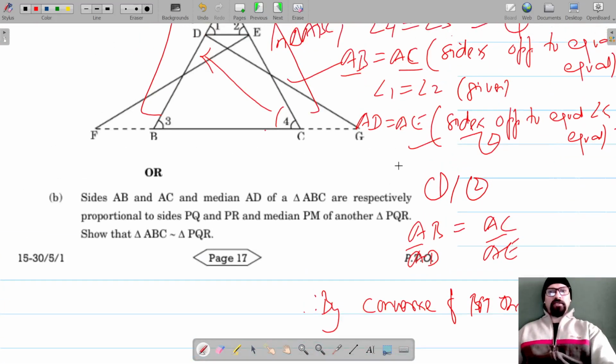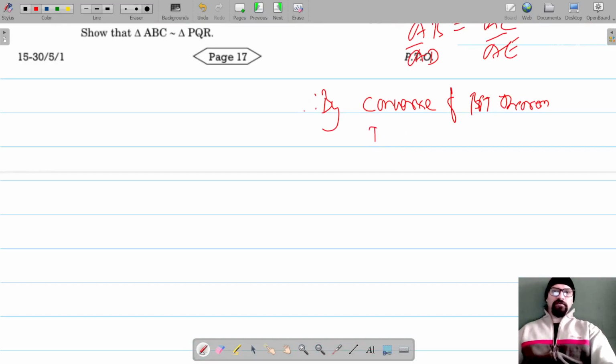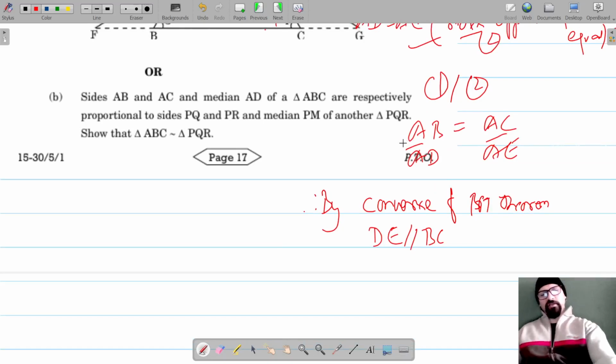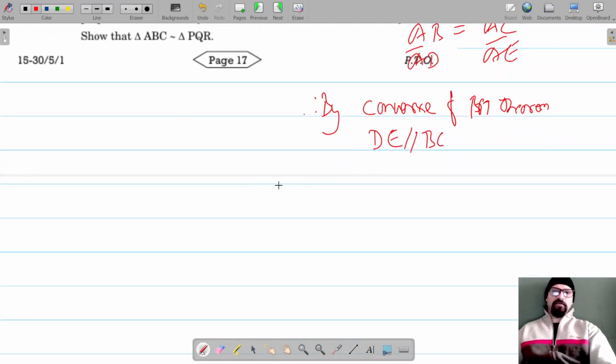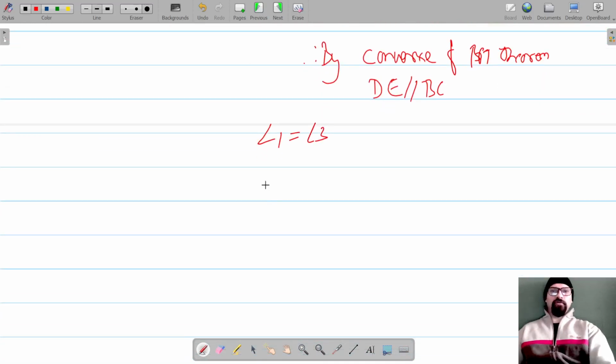So that means that DE is parallel to BC. So these two sides are divided in the same ratio, so that means the lines are parallel, which gives me DE is parallel to BC, and DE is parallel to BC means that angle 1 is equal to angle 3, and angle 2 is equal to angle 4. Reason being these are the corresponding angles, and we know that the corresponding angles are equal.